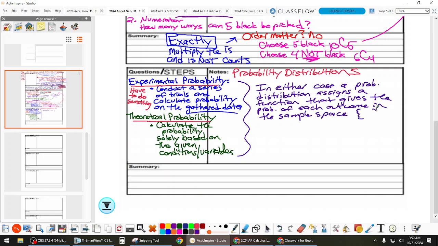Maybe do the little brace thing, reminding you what a sample space looks like. Okay? And then here's kind of the big idea.